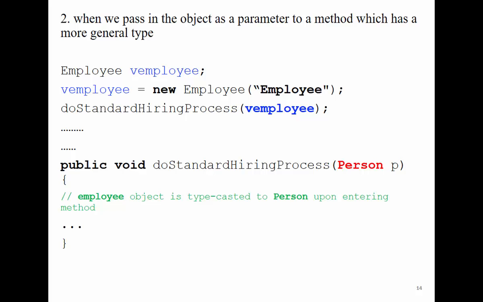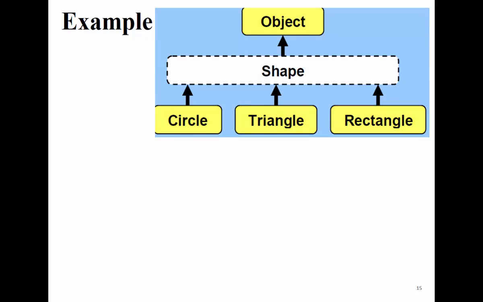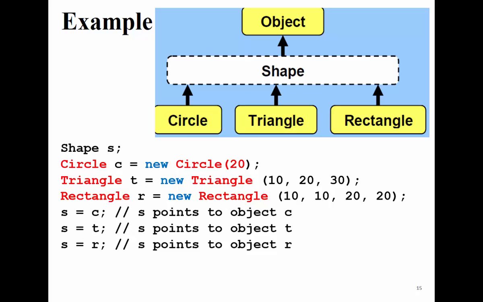Now, you have this hierarchy. As an example, you have the Circle, Triangle, and Rectangle. Now, these are all shapes. We define a Shape s. s has a declaration type of Shape. c, t, and r have declaration types of Circle, Triangle, and Rectangle, with a new Circle, new Triangle, and new Rectangle.